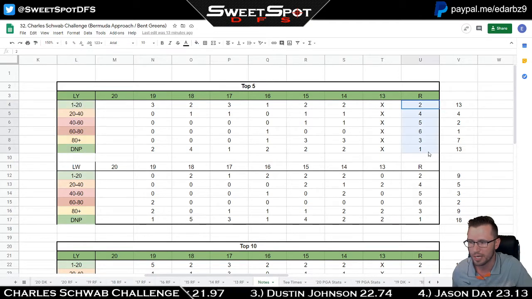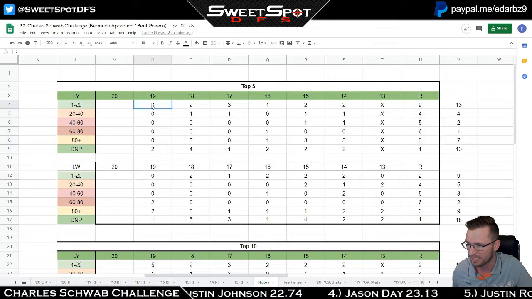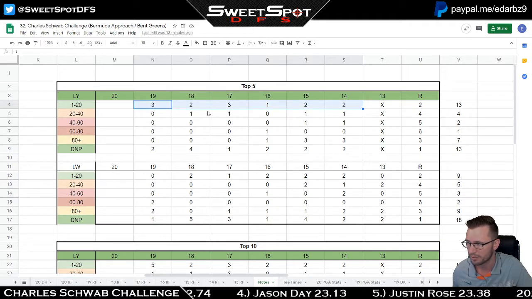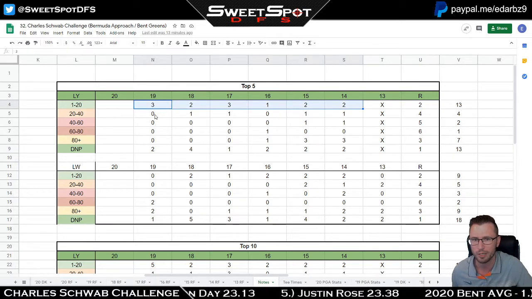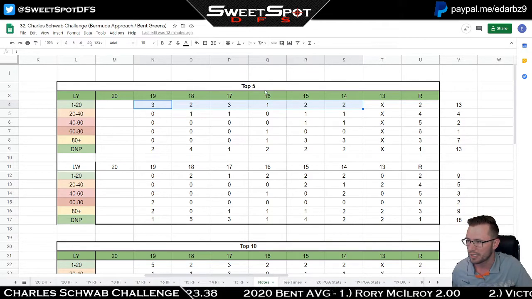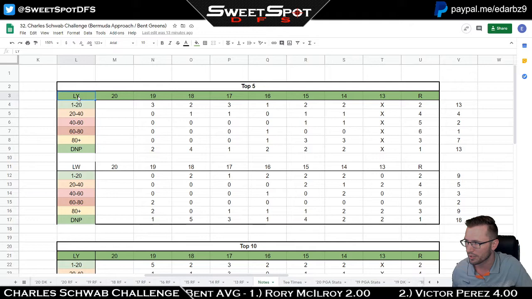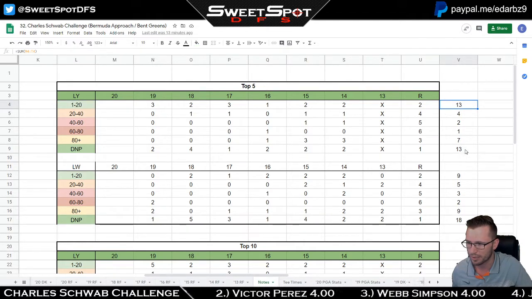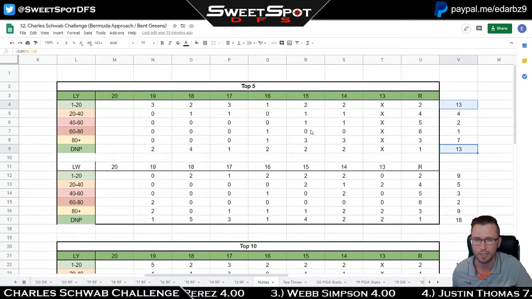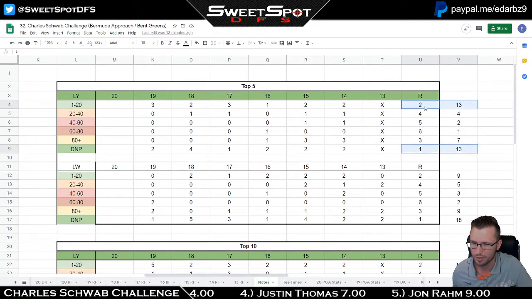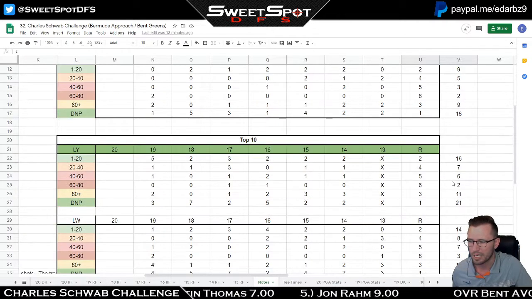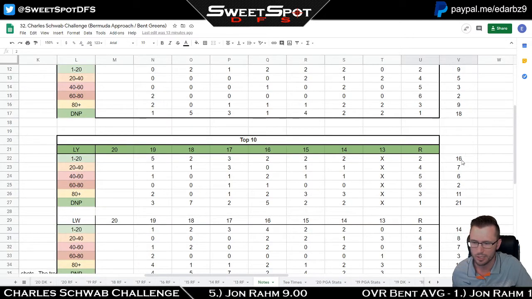The scores are not constant. The scores are based off of how often, or basically the frequency of these golfers within those ranges. So as you can see in the top 5 for last year, we have 13 golfers that finished 1st through 20th, and we have 13 golfers that did not play. So how do we determine why one is higher than the other one? I come down to the top 10 and look to see if there's a little bit more of a difference, and there is.